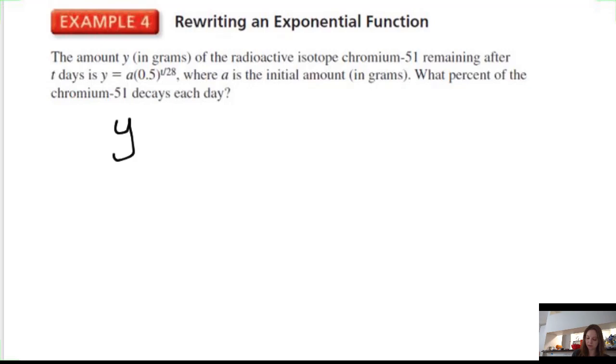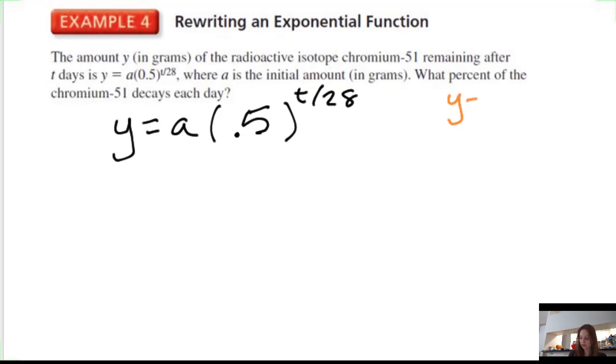I'm going to rewrite the equation y equals a times 0.5 to the t over 28. So my goal is to get this equation in the exponential decay formula, where I want t to be the only exponent, not t over 28.